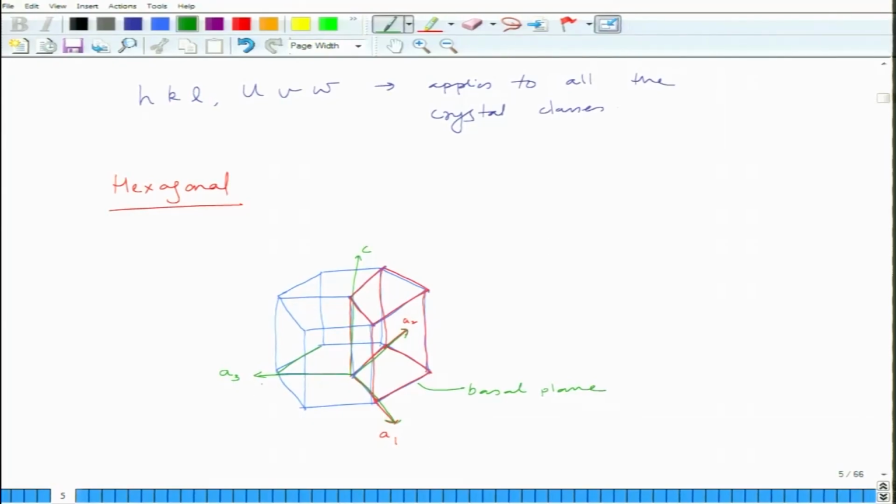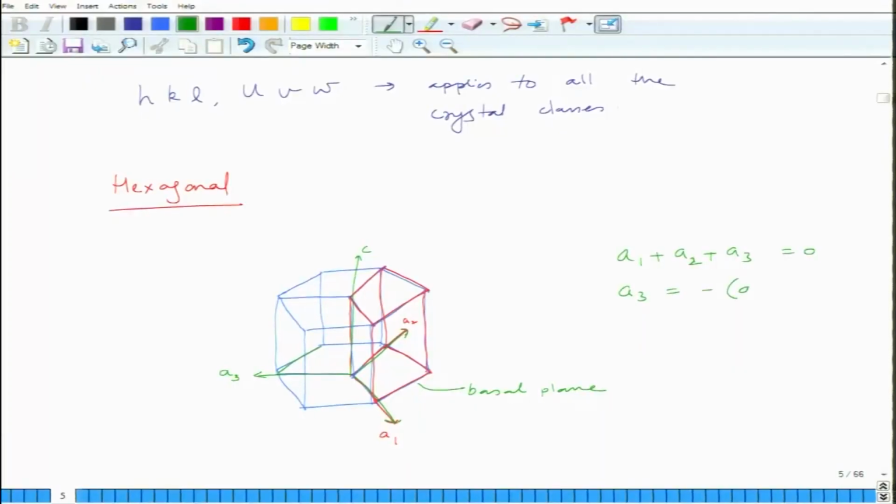You can see that by symmetry A1, A2, A3 are related to each other. A1 plus A2 plus A3 is equal to 0, because they close each other. So basically A3 in some sense will be minus of A1 plus A2.